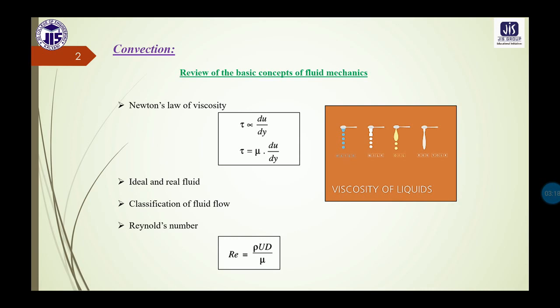So how to differentiate between a solid and a fluid? Earlier we studied at school level that the molecules of a solid are more closely packed together than those of a fluid. That means the attractive forces between the molecules of a solid are so large that the solid tends to retain its original shape.